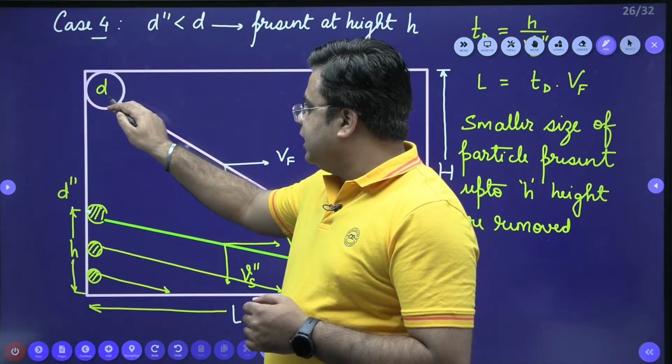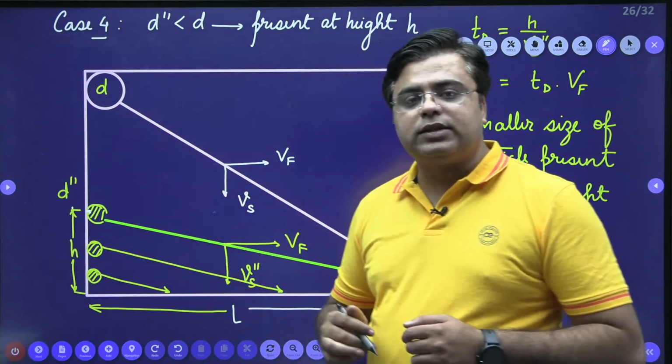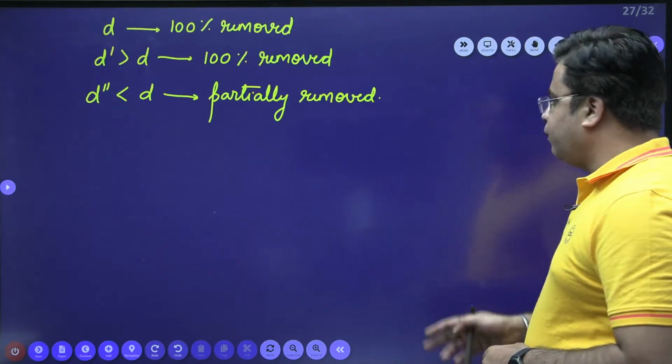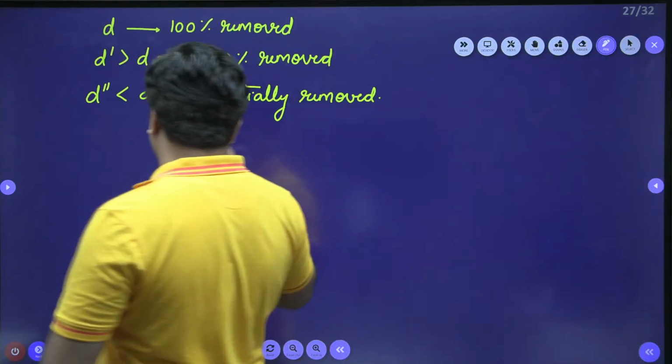Particles of size equal to and more than the concerned size are completely removed, but the smaller size of particle has partial removal.